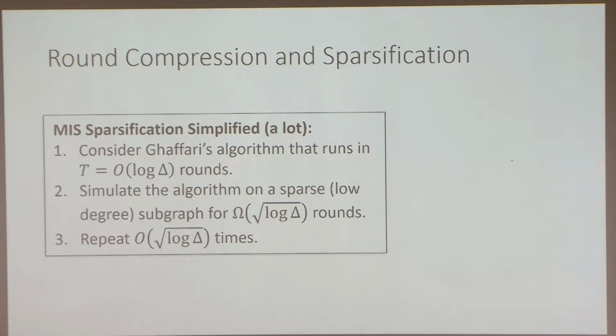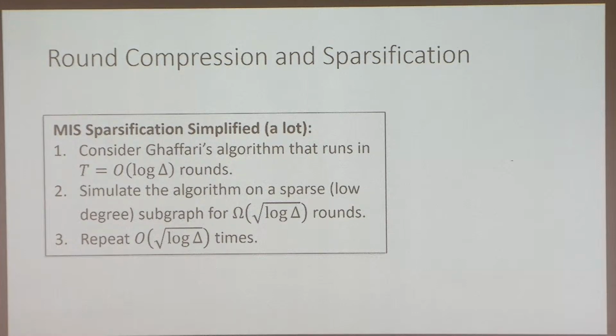I will soon say what is high degree, but just think of it like we know the state of the algorithm, and then somehow we show that we can ignore high degree nodes. In this case, we call that step the sparsification step. So we somehow randomly make the graph sparse for some time and then simulate root log delta rounds fast.